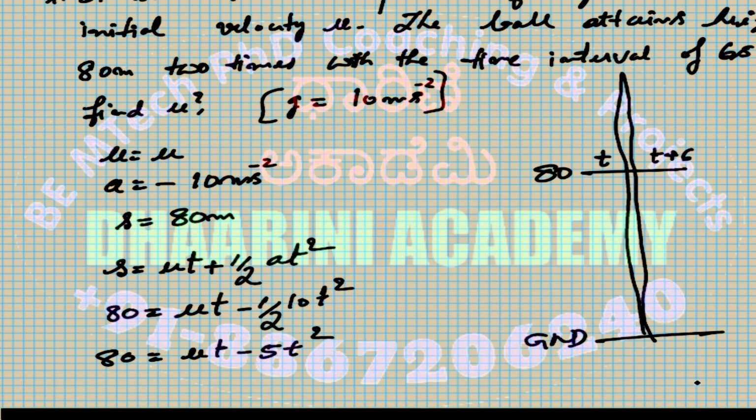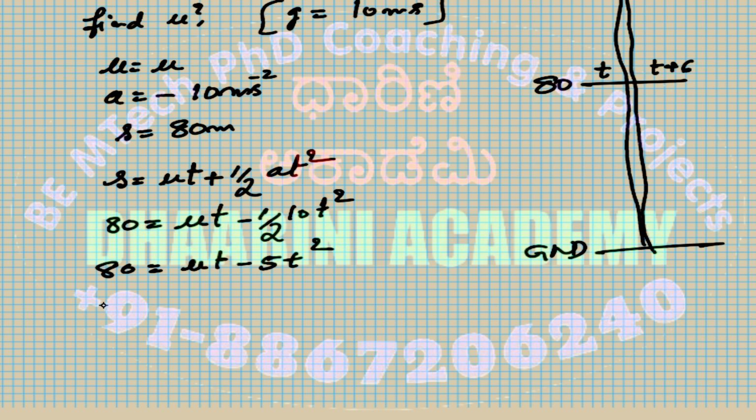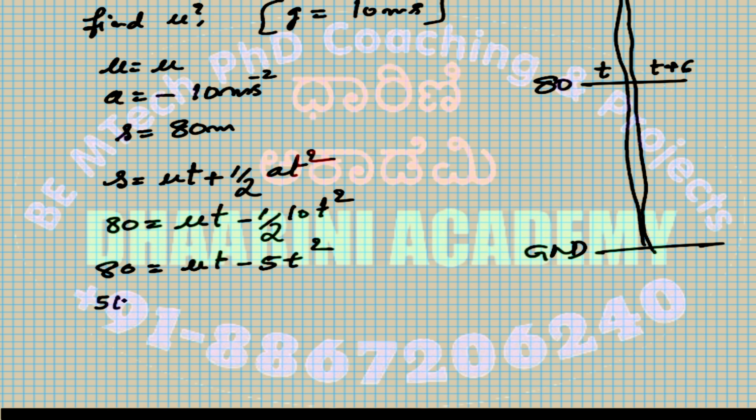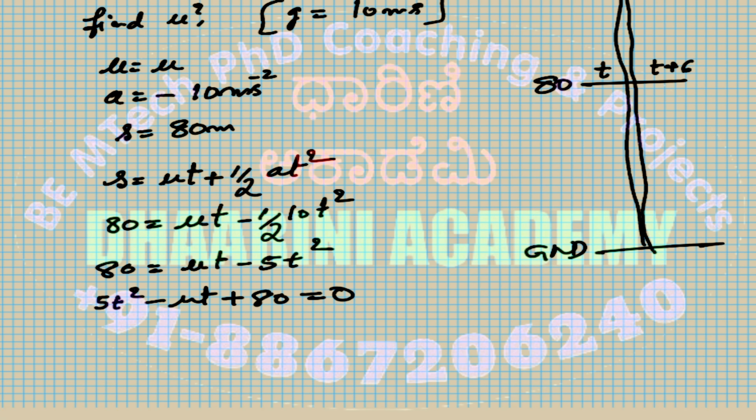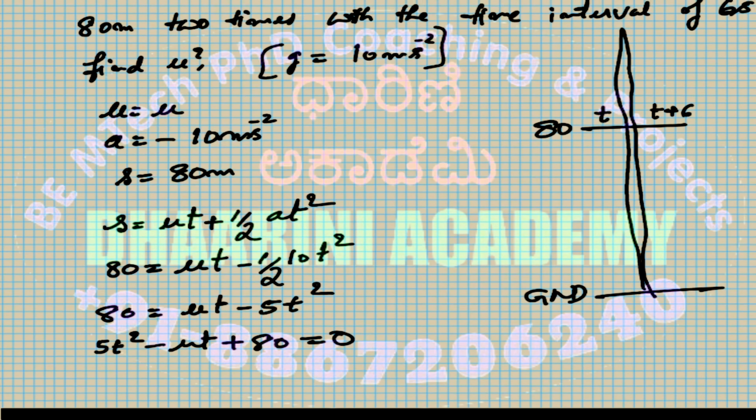Okay, so I can rewrite this as 5t square minus ut plus 80 equals to 0. That 6 seconds is the time between it is crossing 80 meters and it's not the total time.